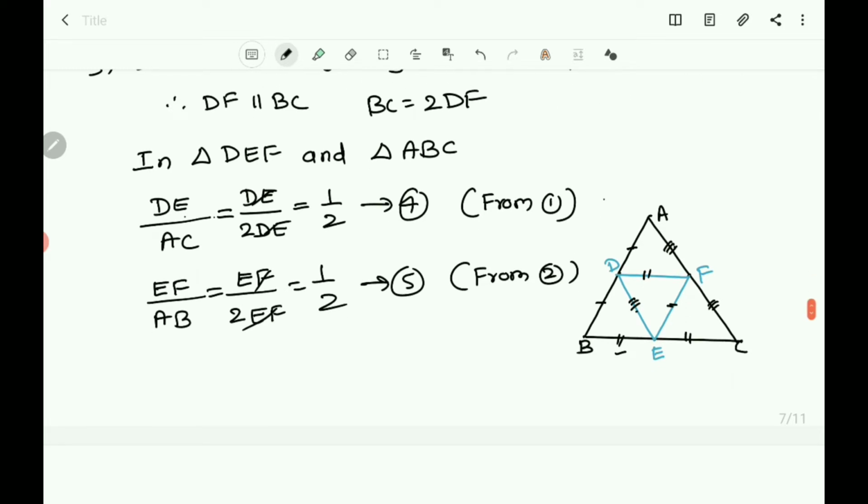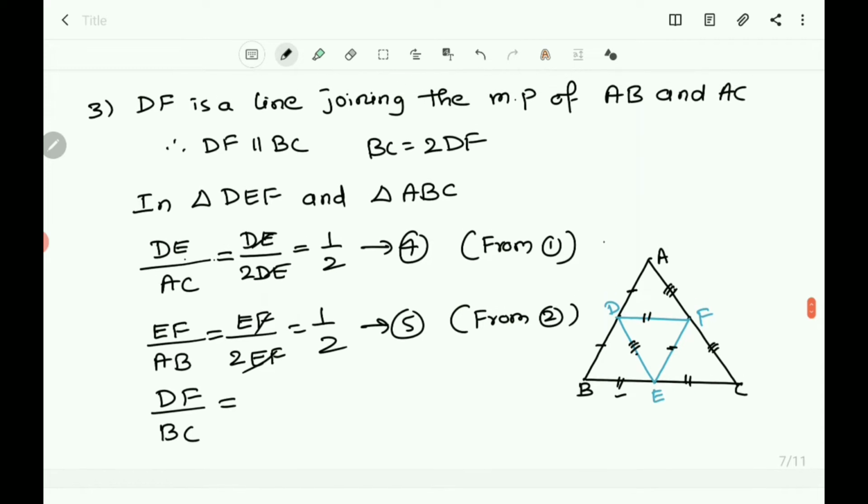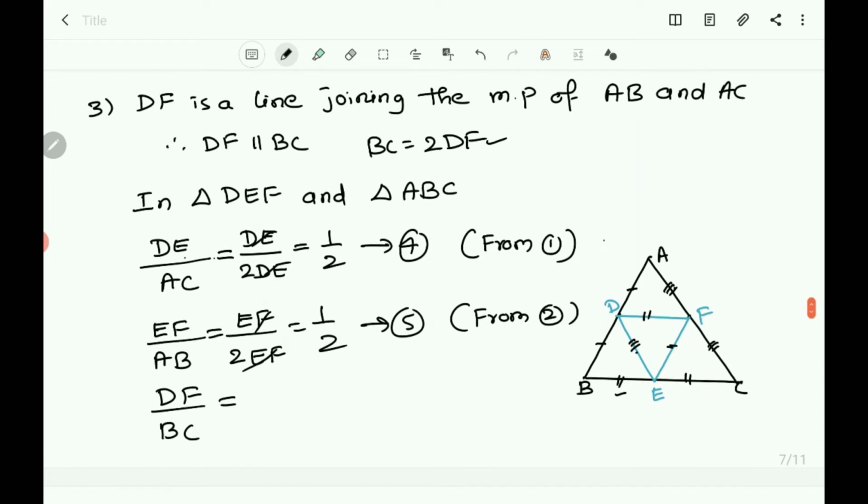Next, the third ratio, DF by BC. You proved that BC is twice of DF, so DF by 2DF is also 1 by 2.